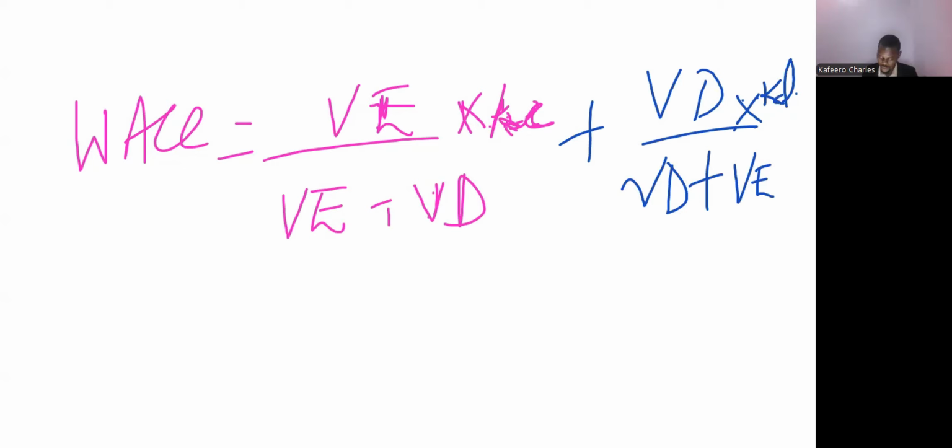This KD should be adjusted for tax, 1 minus T. It should always be adjusted for tax.